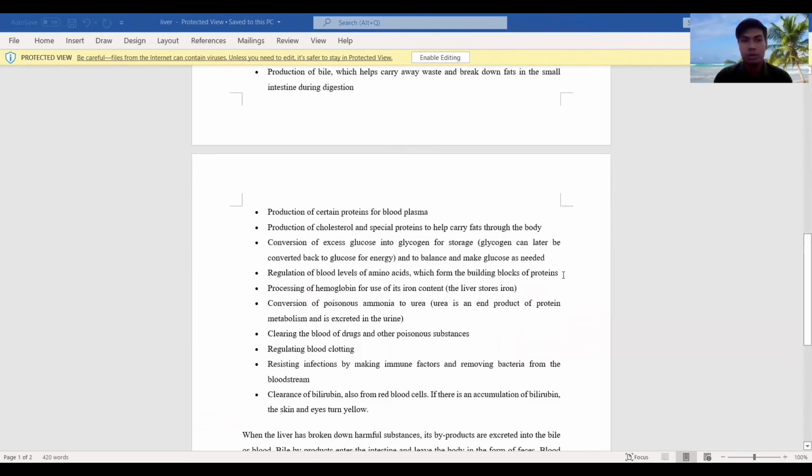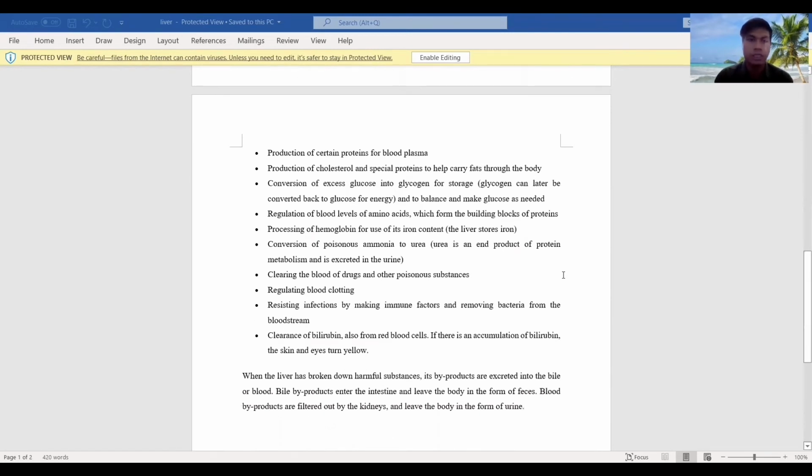Production of certain proteins for blood plasma. Production of cholesterol and special proteins to help carry fats to the body. Regulation of blood levels of amino acids, which form the building blocks of proteins. Processing of hemoglobin for use of its iron content, the liver stores iron.